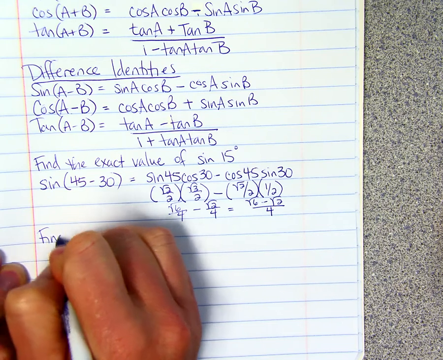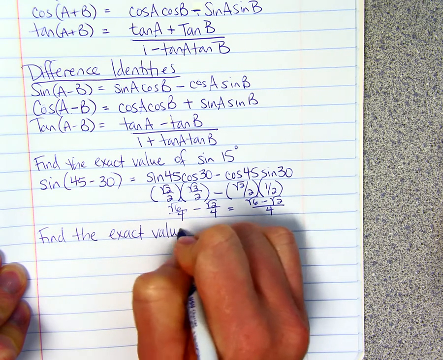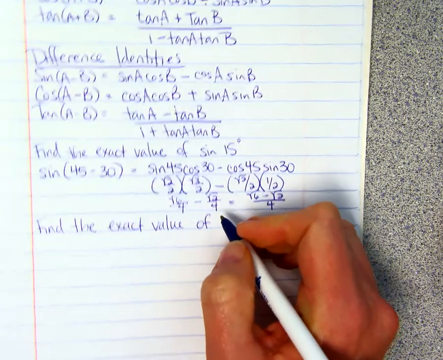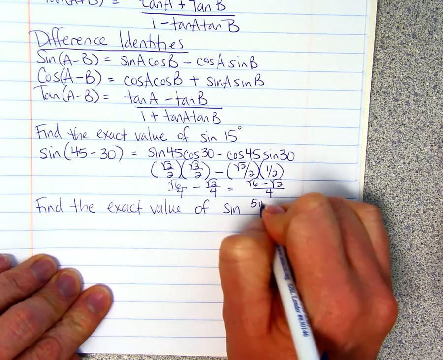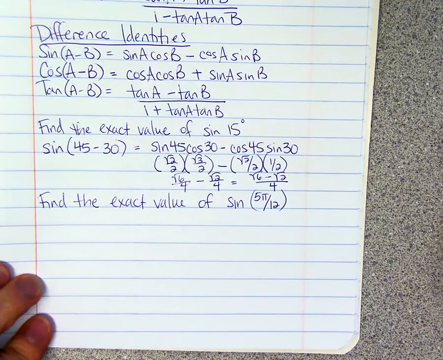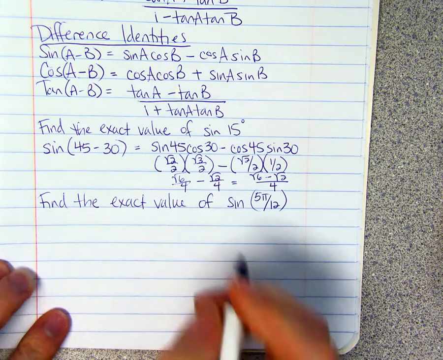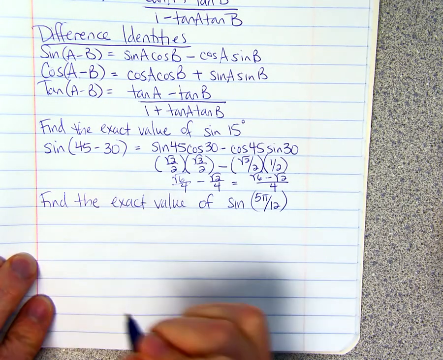Another one, find the exact value of sine of 5 pi twelfths. 5 pi twelfths is the same thing as 3 pi fourths minus pi thirds.